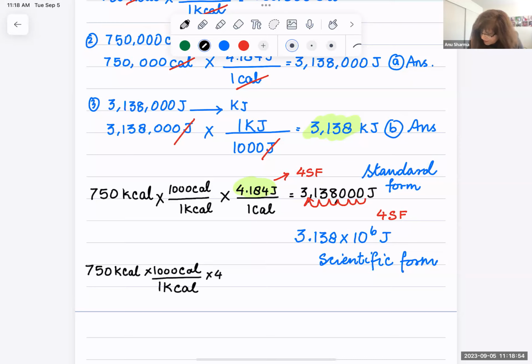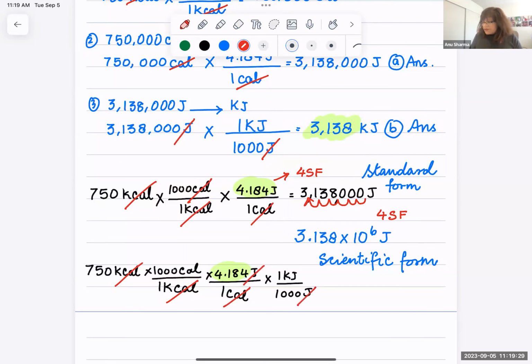So here again, there's only this one piece right here; the others are all ignored. So 4 significant figures, and you see even in one line, these cancel: kcal, kcal, calories, calories, joules and joules cancel out, and you're just left with the answer in kilojoules.